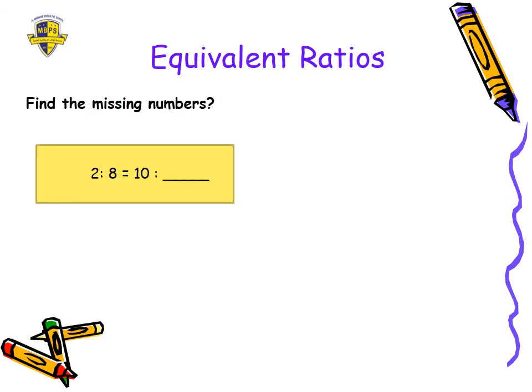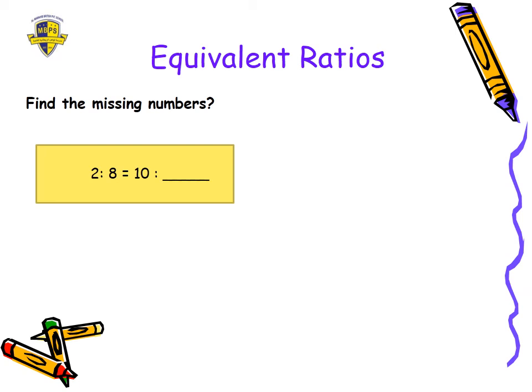The question here, we have to find the missing number. The first one, the ratio 2 to 8 equals the ratio 10 to another number. So this gives us a hint that 2 to 8 is equivalent to the other ratio. Now 2, how does it become 10 in the second ratio after the equal sign?